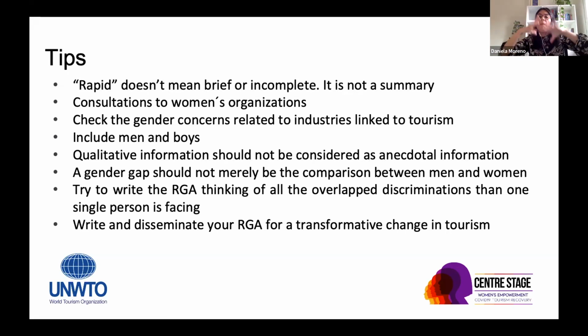So we really need to unpack that kind of discrimination to have a better view of what we have to do in our own work as a gender specialist in tourism.